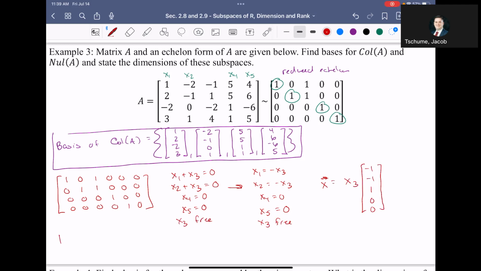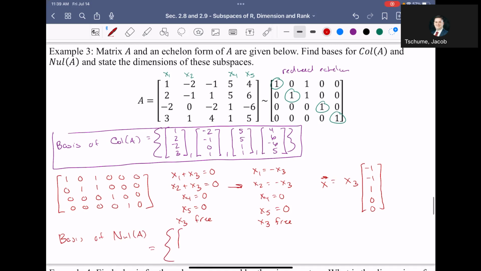So to write the basis of the null space of A, this is going to equal brace, write down the one vector that we just found. Negative 1, negative 1, 1, 0, 0, and close your brace. That is the basis of your null space.